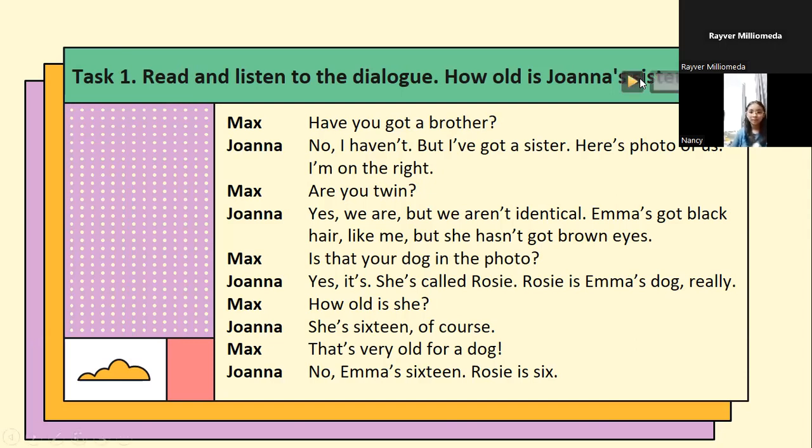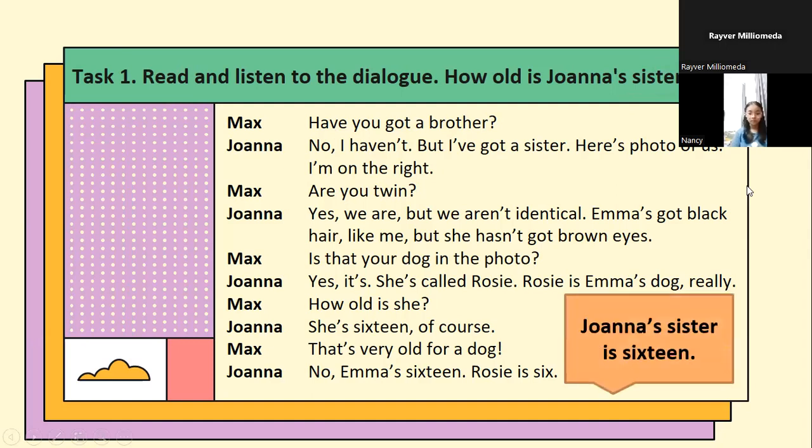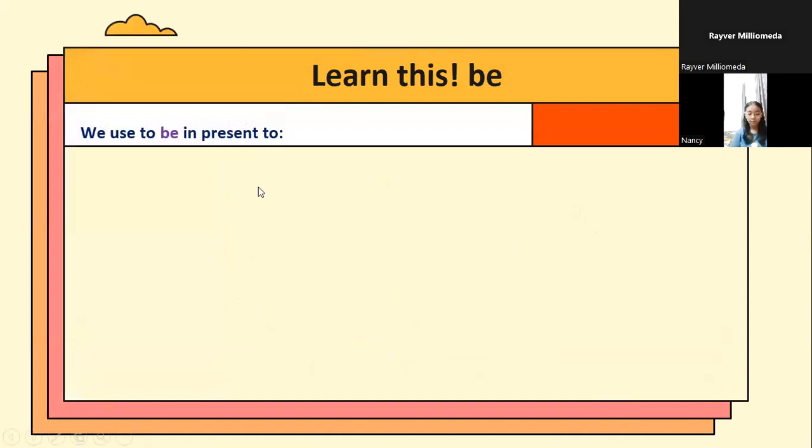Okay. We don't have to listen to it already because you have read it and I guess you got it. Joanna's sister is 16. So you are correct. So now we are going to learn this.